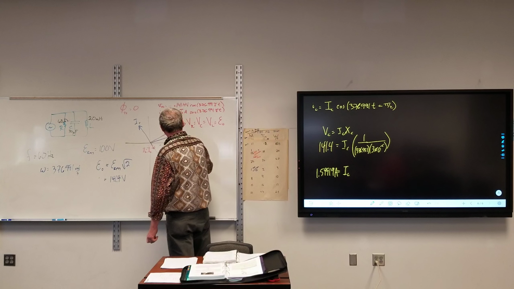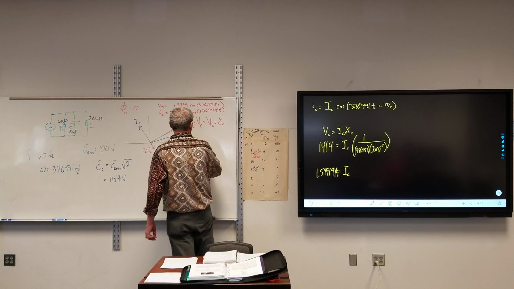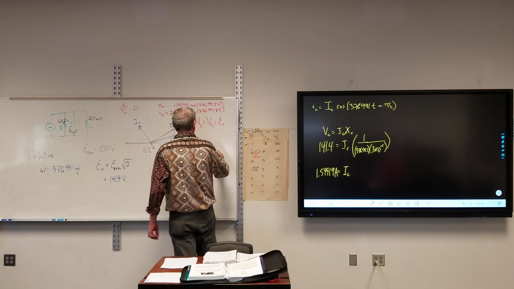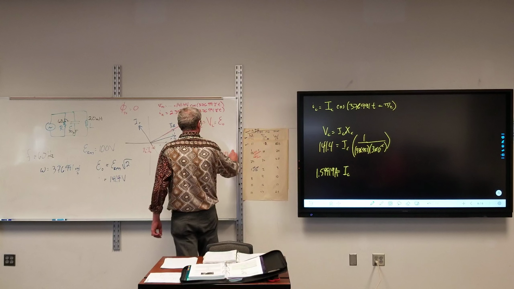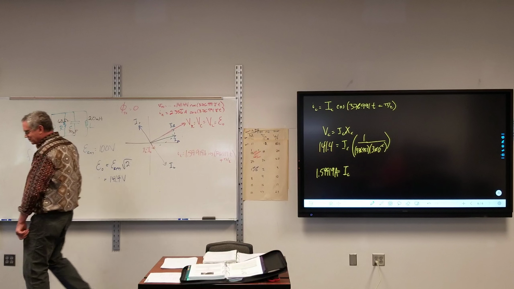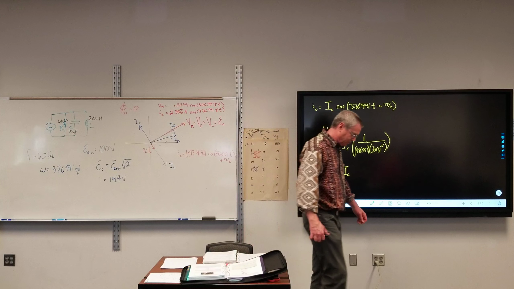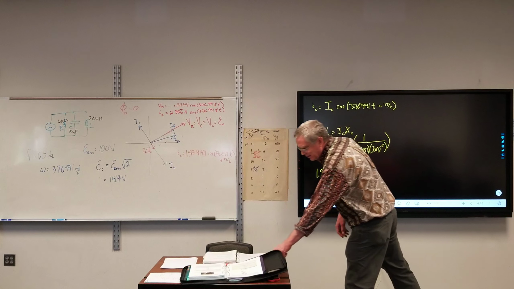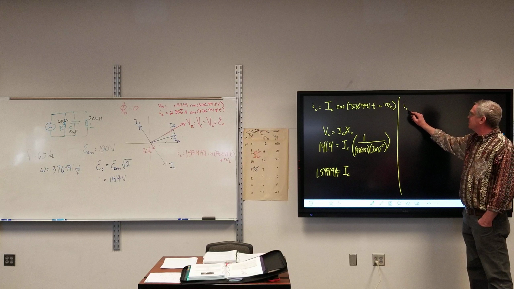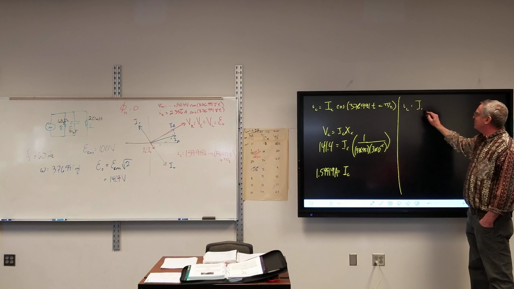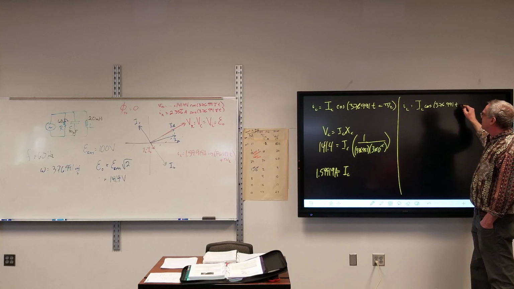So the current for the capacitor is going to be 1.59919 amperes times the cosine of 376.991 t plus pi over 2. One more to go, and then we're going to check our answers. All right, for the inductor, I sub L is going to be big I sub L cosine of 376.991 t.